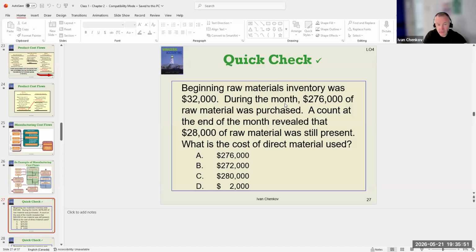From 32 went down to 28. How much is that? 4,000. So that means we used what we purchased plus 4,000 more. So 276 plus 4, how much does that give you? 280. Make sense? That's another way to calculate it.